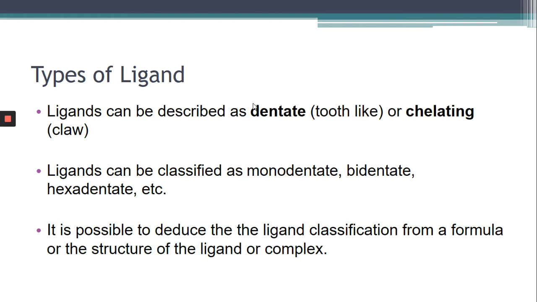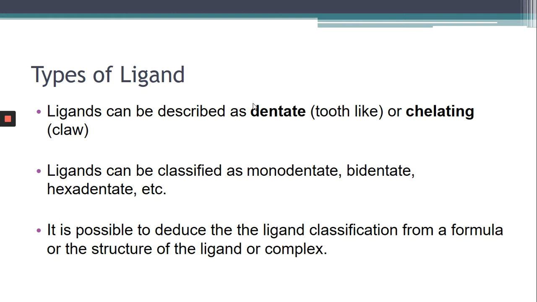Now we've got different classes of them, and it depends on how many times the ligand bites into the actual metal. So we've got monodentate, so it would bite into it once, or it would attach with one lone pair of electrons. Bidentate, bite in twice, so you've got 2 lone pairs attaching themselves to the metal.